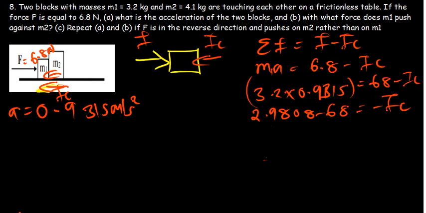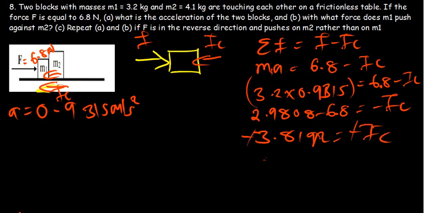No, this one is 6.8, sorry, this one is supposed to be 6.8. So 2.9808 minus 6.8, okay, yeah, I'm getting negative 3.8192, negative Fc. Let's cancel the negative.